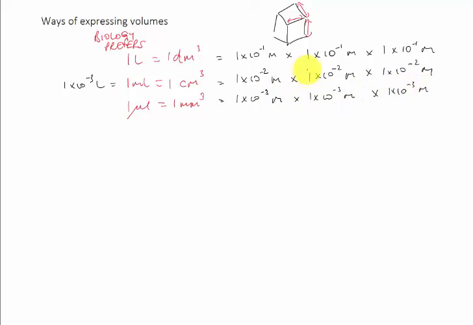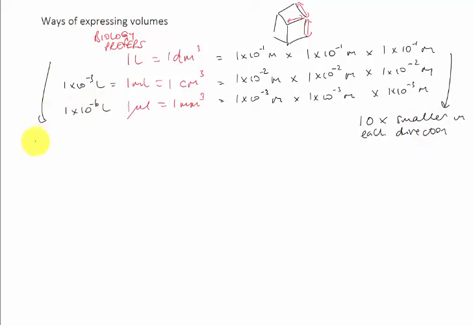So to get a volume, you're just multiplying the 3 dimensions, and in this case it happens to be a cube, but it could be a funny shape as well, as we'll see in a minute. So to get from there to there, this is going 10 times smaller in each dimension of this cube that we're imagining.